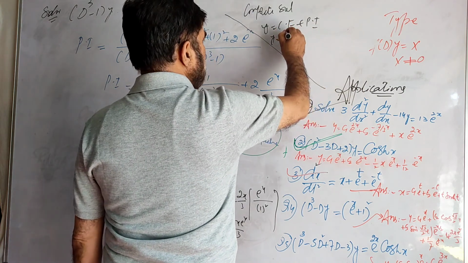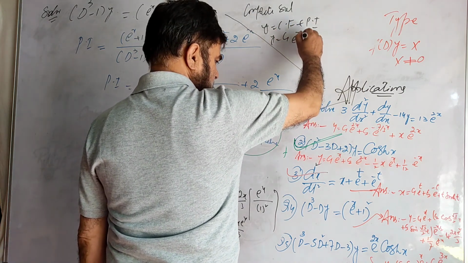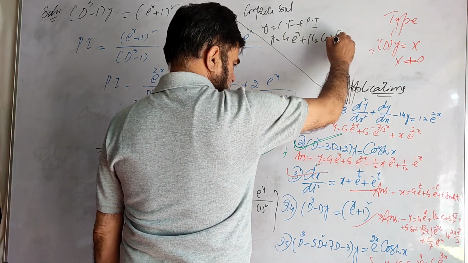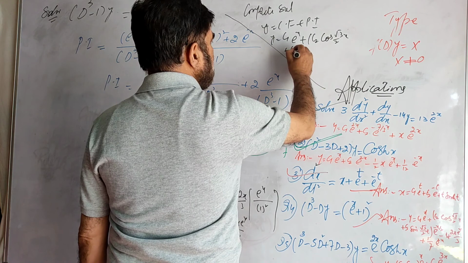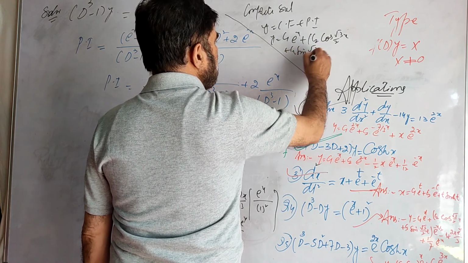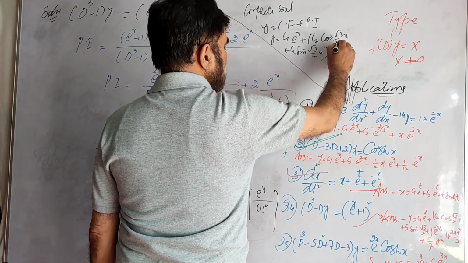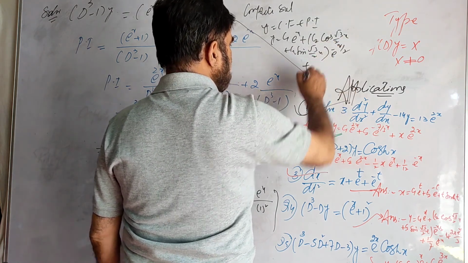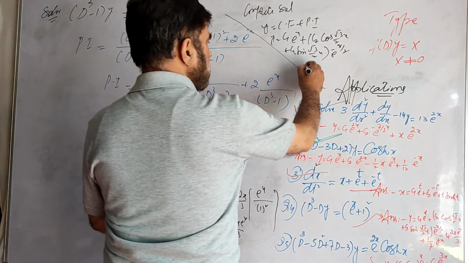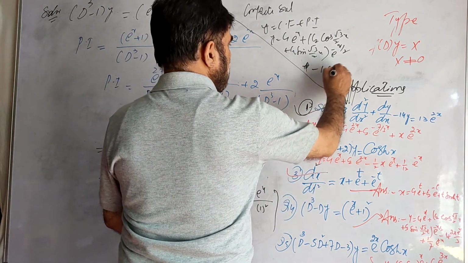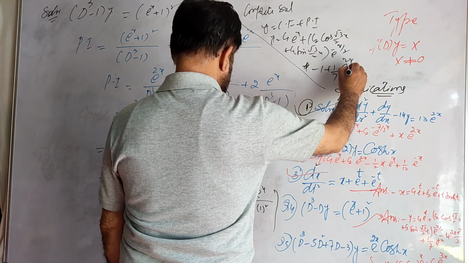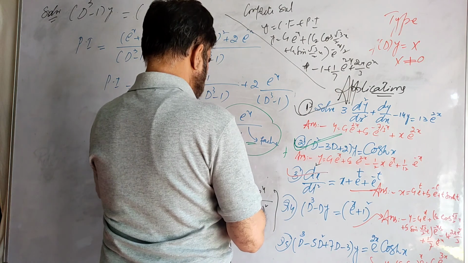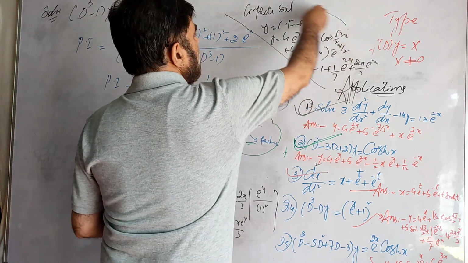This is c1 e raised power x, then plus c2 cos of root 3 by 2x plus c3 sine of root 3 by 2x, times e raised power minus 1 by 2x, is e raised power minus x by 2, plus this part is minus 1 plus 1 by 7 e raised power 2x plus 2x by 3 e raised power x. This is the complete solution of this problem.